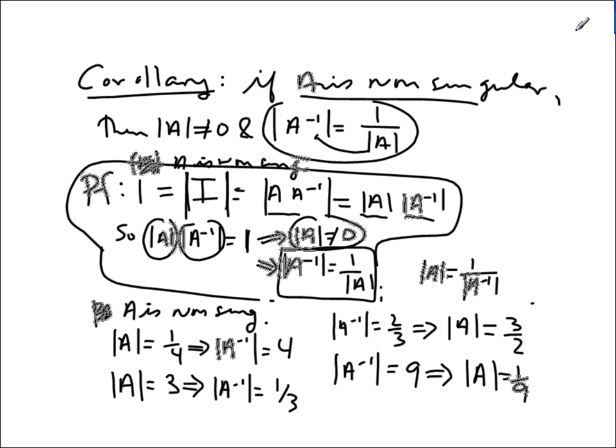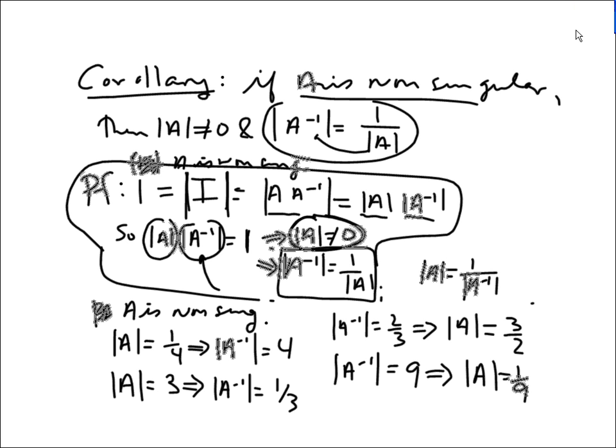Now, does the implication go the other way? If the determinant of A is not 0, well, I don't think so. Because just because the determinant of A is not 0 does not guarantee us that A has an inverse.